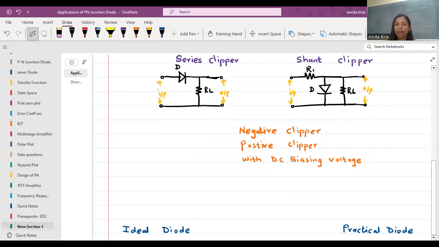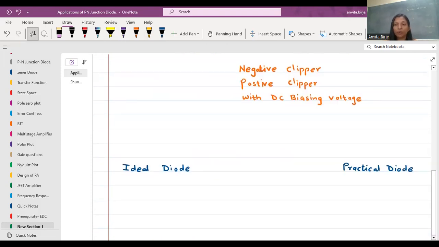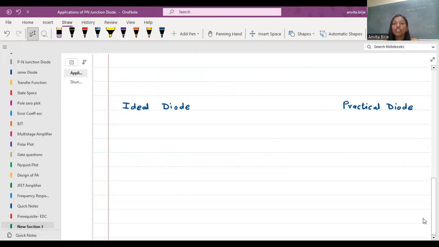Before we start the shunt clipper, in this video we are focusing on the shunt clipper circuit, I'll just explain how the diode acts in the ideal case and the practical case. So this is the symbol of a diode. It has two terminals, anode and cathode.